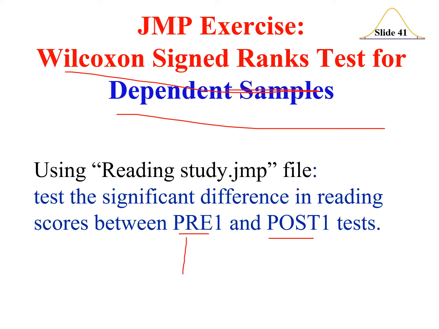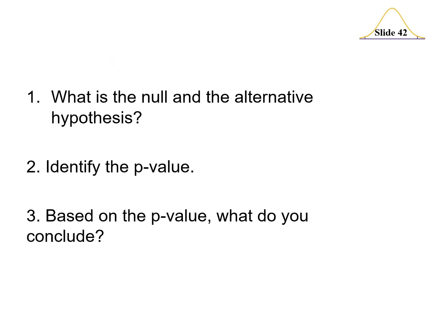We have pre-test and post-test for the same students obtaining scores, and let's use the Wilcoxon signed rank test to examine the significant difference between pre and post scores. We need to state the null and alternative hypotheses, identify the p-value, and make a conclusion on the results.